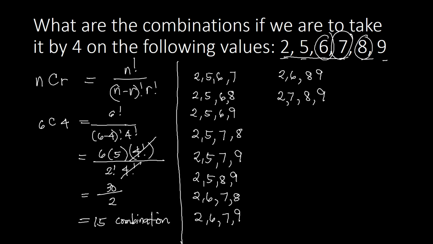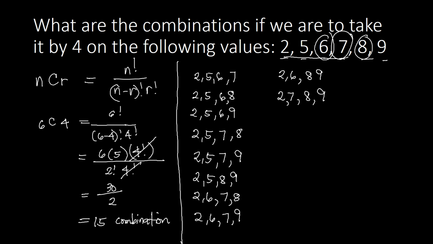So again, we're changing our 7 to the number 8. So we have 2, 8, 9. Notice we only have 3 numbers in there. That means it's not possible. So we are erasing this one, and instead we are changing the first number.